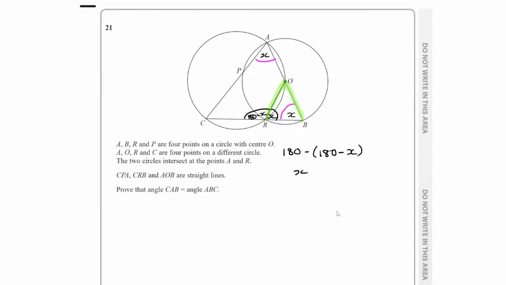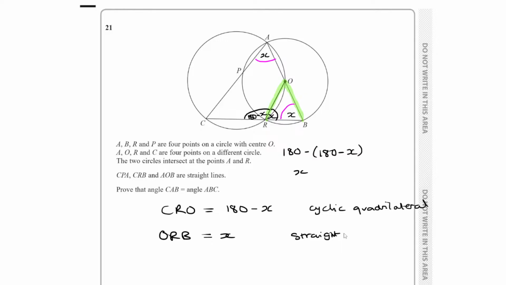This is paper 2. So first of all, you want to say that CRO is 180 minus x because of the cyclic quadrilateral. Obviously write the whole sentence about the opposite angles. But yeah, that. And then you can say that therefore ORB is x because of angles on a straight line.